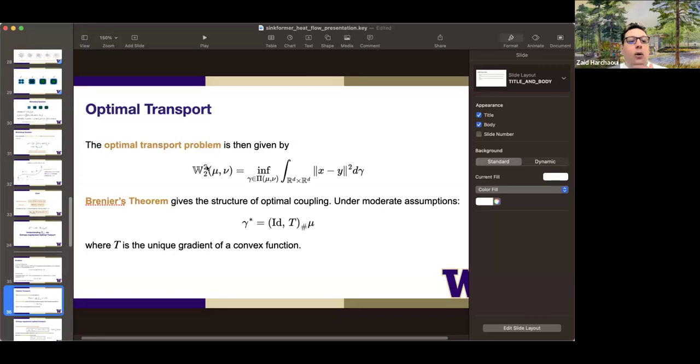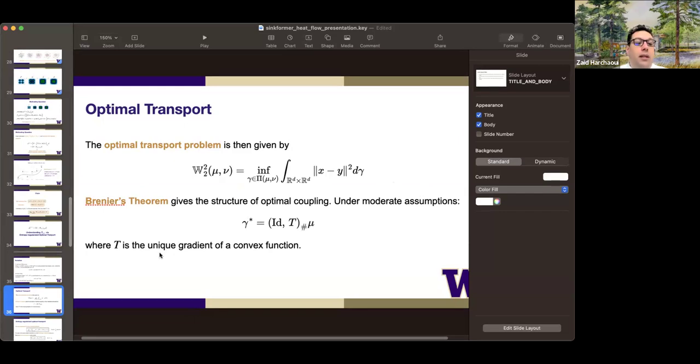And the classical optimal transport problem solves an optimization problem where we're looking for the transport plans between some measure mu onto nu. And we do not add any regularization to solve this optimization problem.